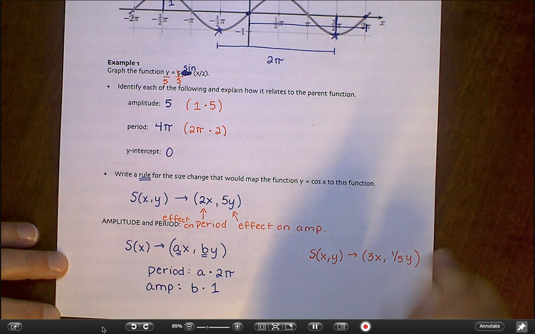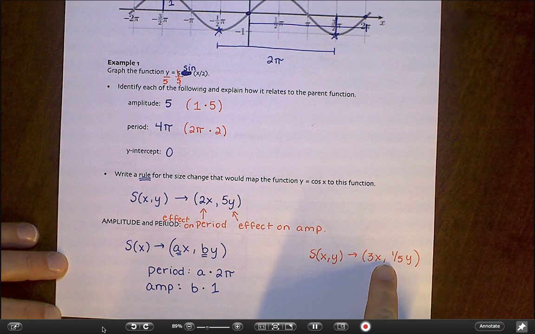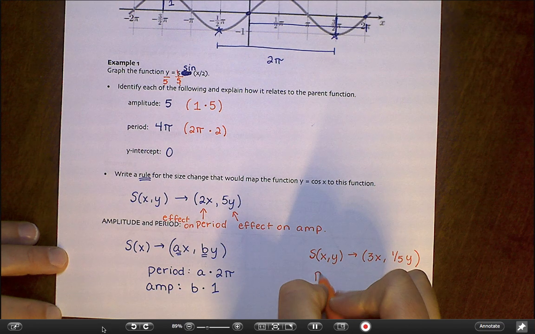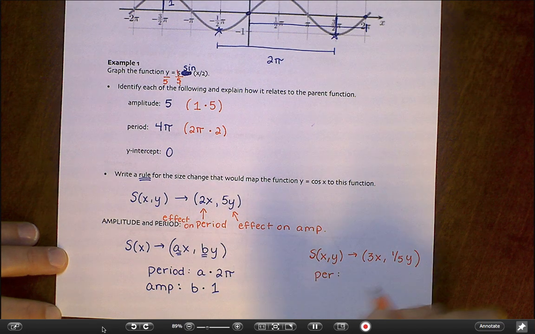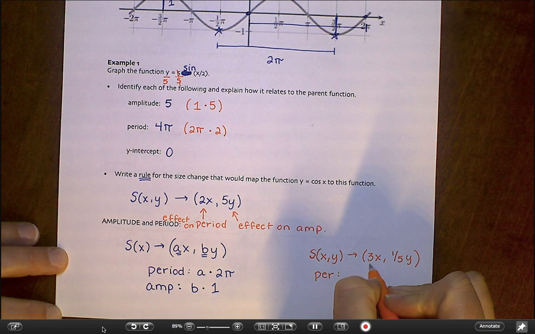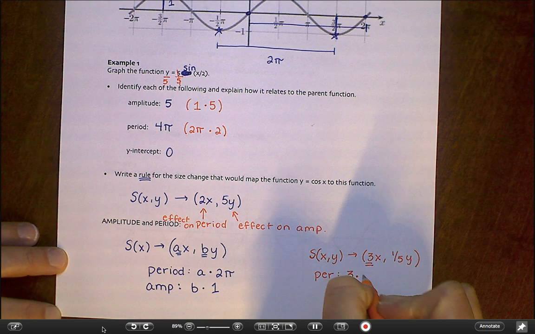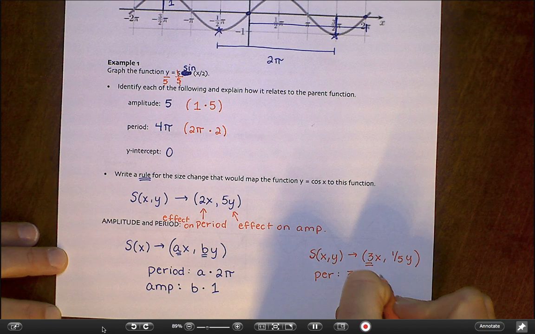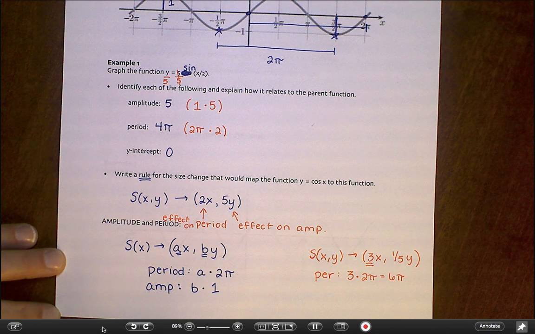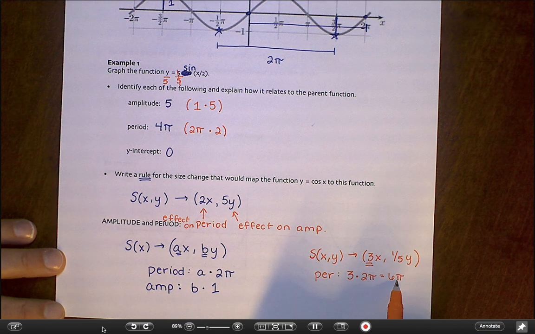And I said, okay, if I apply this to a function, what is my period and what is my amplitude? For the period, you would say, I'm going to take my original period of 2 pi and multiply it by 3. So you would tell me my period is 6 pi. So sorry, guys, it's late. I'm saying things wrong. You would tell me my new period is 6 pi.